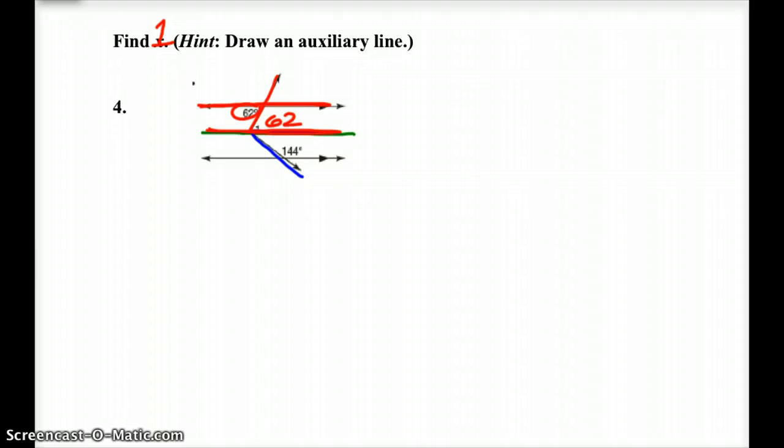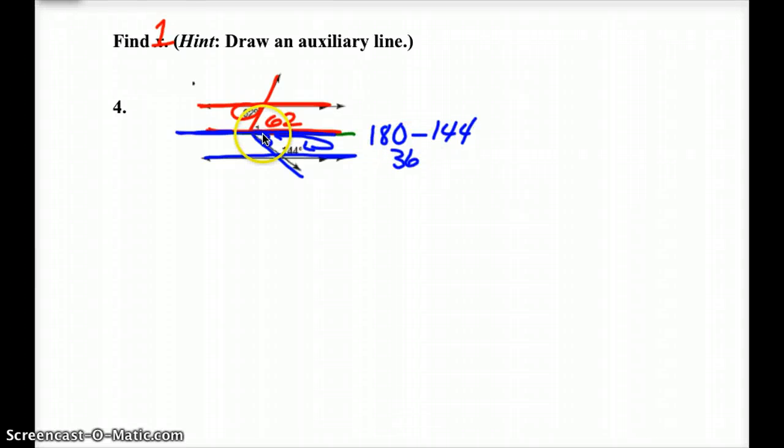When I look at the bottom here, I want to find this piece. Looking at this line and that line to be parallel, this angle and this angle are consecutive interior angles, so they add to 180. So I'm going to take 180 minus 144. That angle there is going to be 36 then.